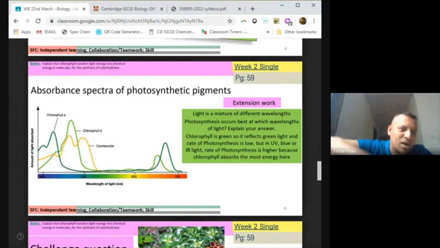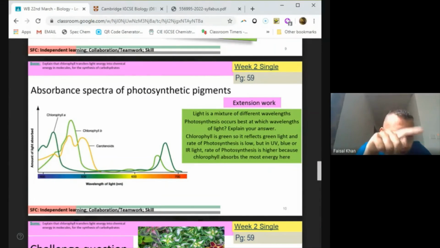And the higher the peak, the more that color is being absorbed by that particular pigment. There are three pigments in this graph: chlorophyll A, chlorophyll B, and a set of chemicals called carotenoids. And carotenoids, interestingly, are orange in color. They give the orange color to carrots. So you can think of it like that.